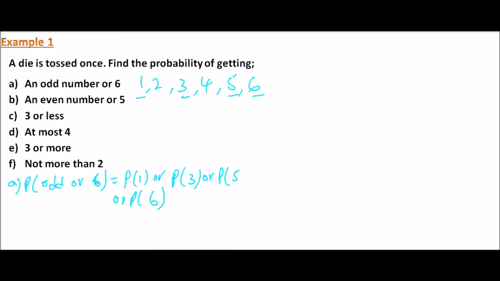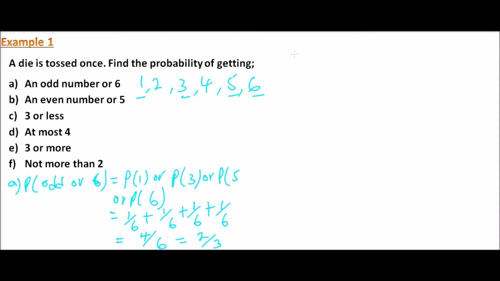This is equal to 1 over 6 for getting 1, plus 1 over 6 for getting 3, plus 1 over 6 for getting 5, plus 1 over 6 for getting 6, and this gives you 4 over 6, which when we simplify is 2 over 3. So that is the probability of getting an odd number or 6.